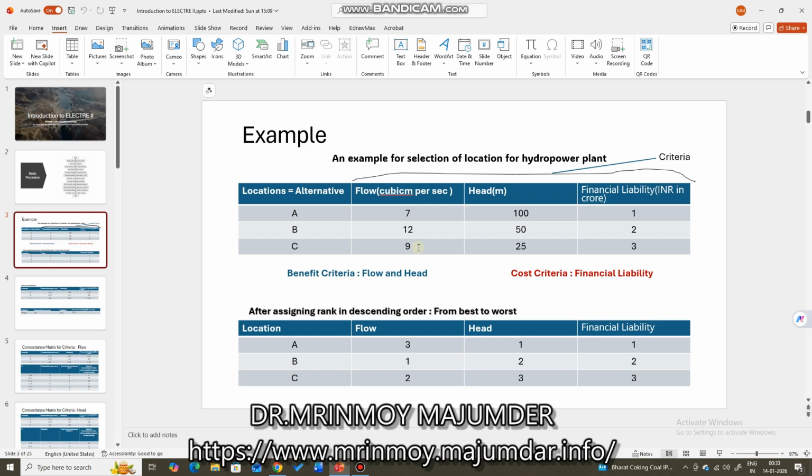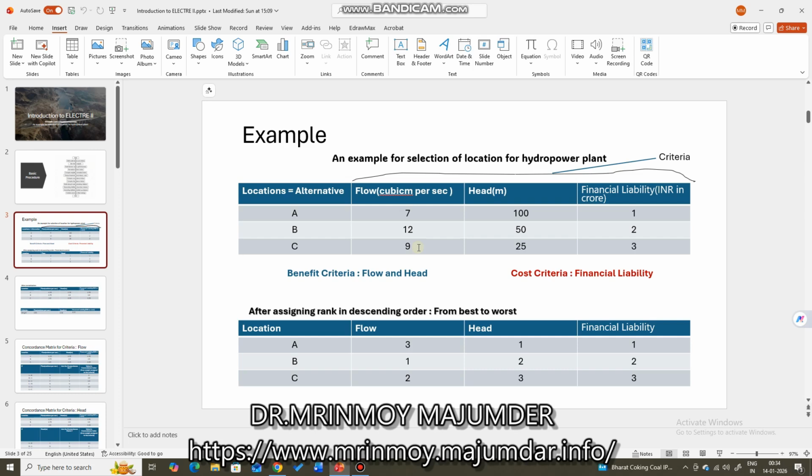That means the first rank is the best location, followed by the second rank as the second best location, third rank as the third best location. So I have done best to worst ranking.